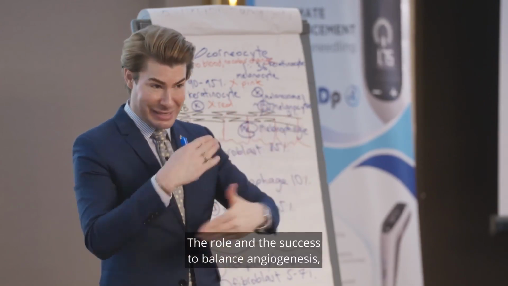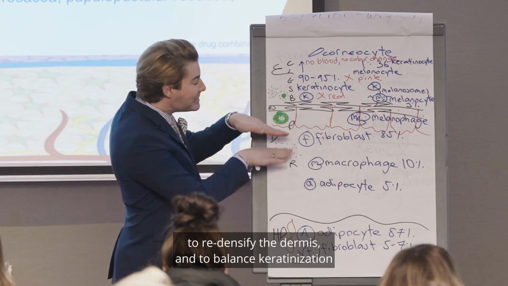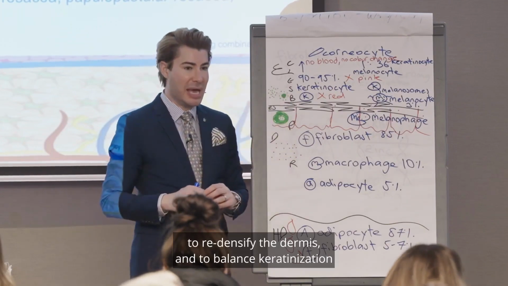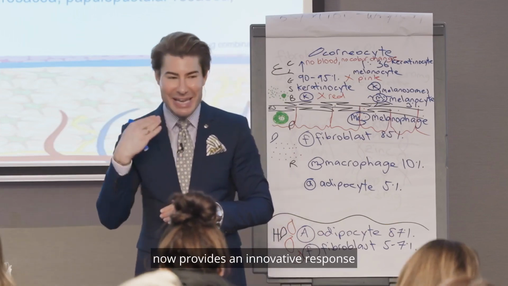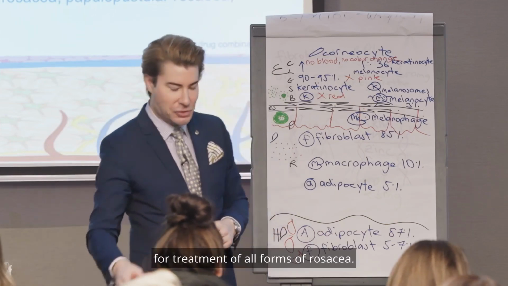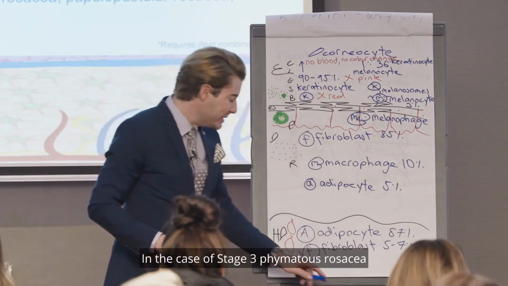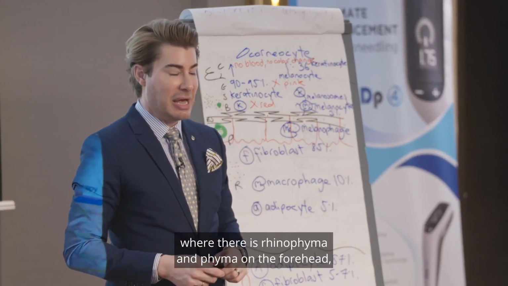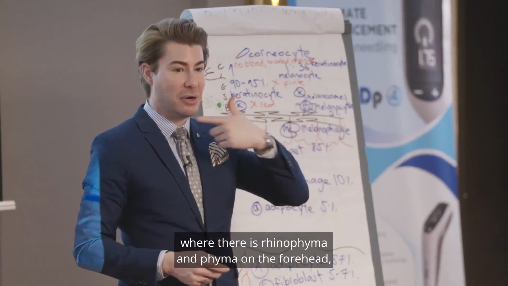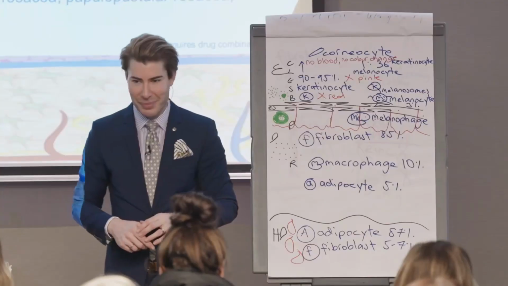The role and the success to balance angiogenesis, to redensify the dermis, and to balance keratinization now provides an innovative response for treatment of all forms of rosacea. In the case of stage 3 phymatous rosacea, where there is rhinophyma and phyma on the forehead, on the chin, you may require a drug combination therapy.